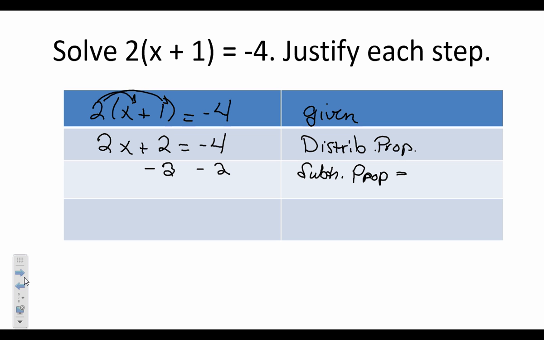So when we do that, we're going to get, that's just simplifying. What's our next step? Divide. We're dividing by what?